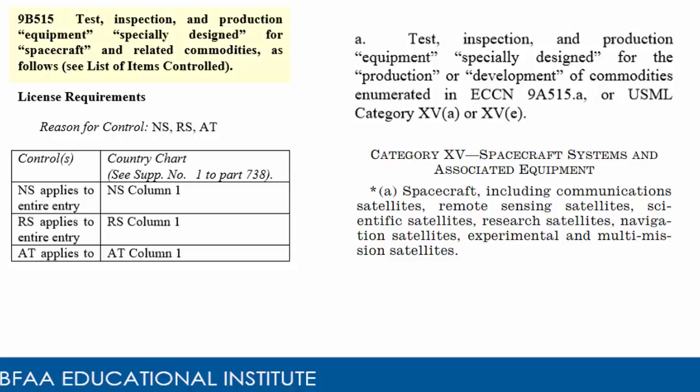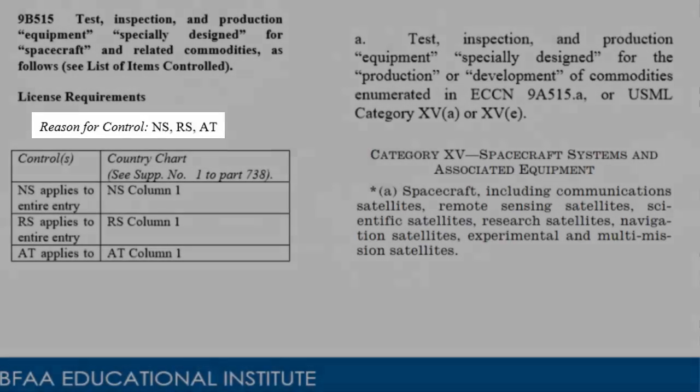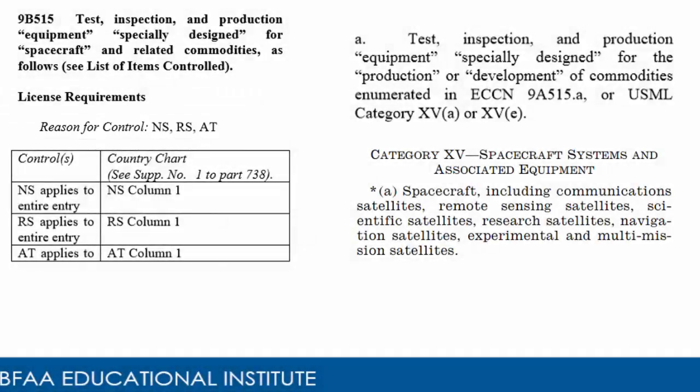So 9B515, we can see it's test, inspection, and production equipment specially designed for spacecraft and related commodities as follows. Some reasons for control: national security, regional stability, anti-terrorism. Below that, specifics on the controls. National security applies to the entire entry. RS applies to entire entry, and so on. Let's get more granular on the A citation.